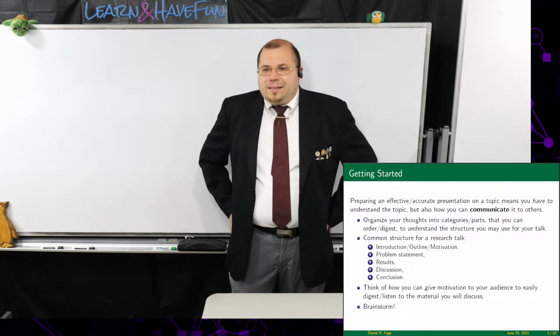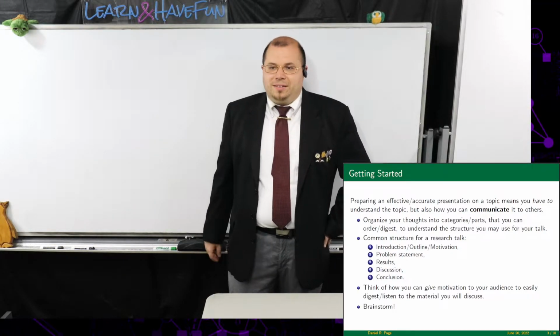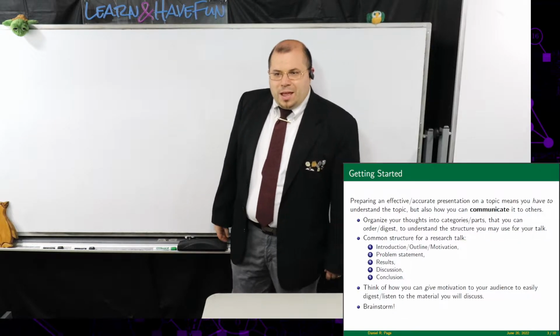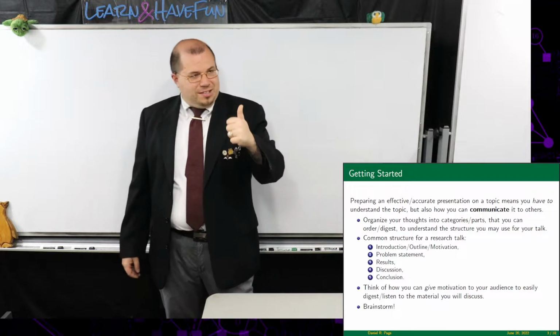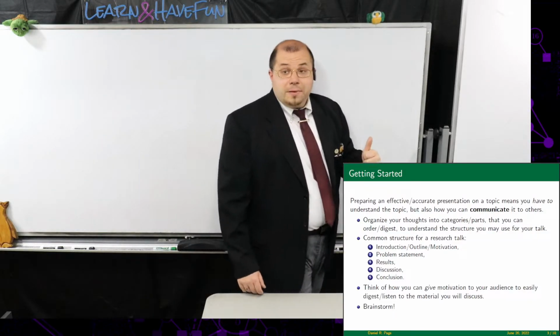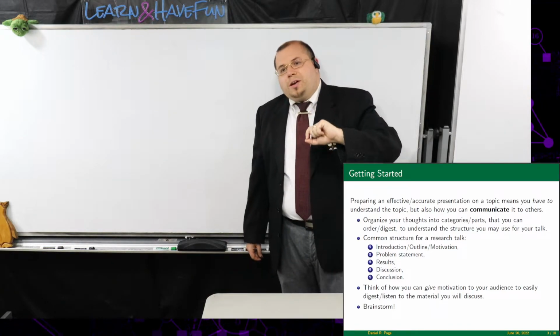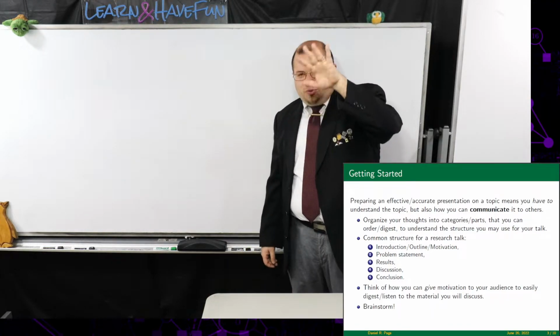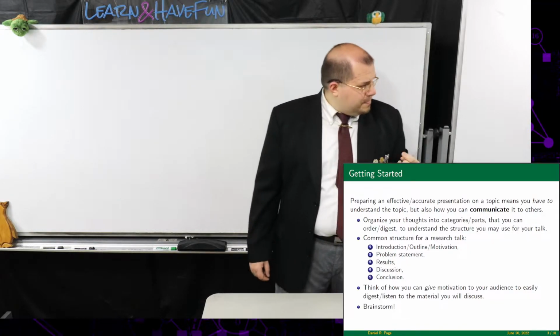One big technique I usually suggest, and I do this with all my talks, is get a piece of paper out and think about how you can motivate your audience to easily digest or listen to the material that you would like to talk about. In particular, break it into categories. If you have a research paper, it's much easier to break it down because normally you have sections like these I have on this slide.